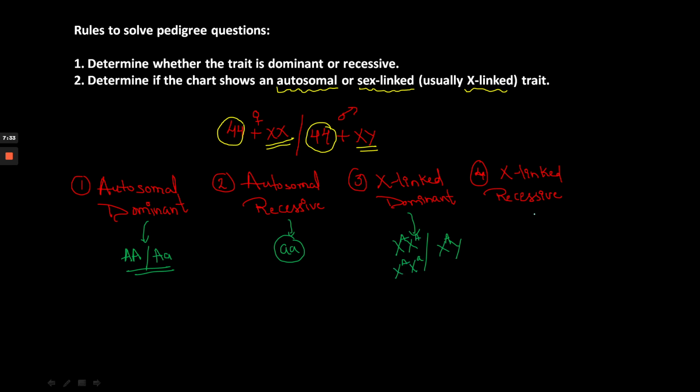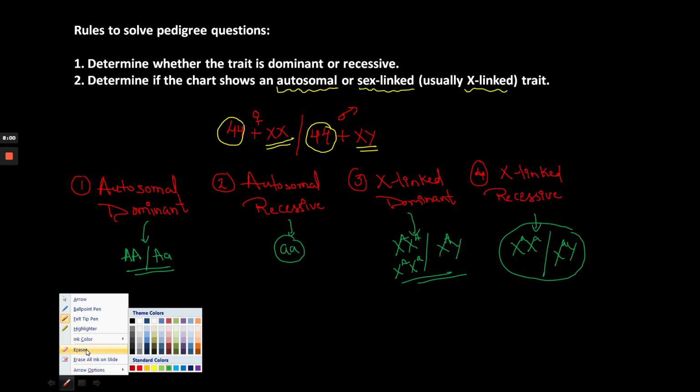Right, now if I talk about X-linked recessive, in the case of female, it must be present in the homozygous recessive condition, while in the case of male, only a single X is present, and it will have this recessive allele for this particular disease, right? So these are going to be the genotypes for these four types of disorder.